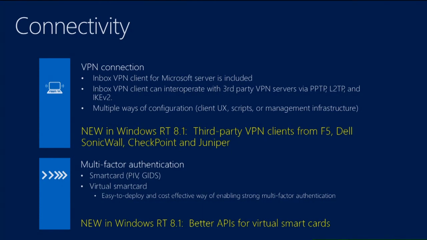Obviously, that wasn't very popular with the security guys because they probably implemented those VPN features for a reason, and now you would go to them and say, well, you had to turn that off in order to connect these. So to fix that, we've built in additional VPN clients, working with the vendors to create a VPN client that is included in box in Windows RT for 8.1.